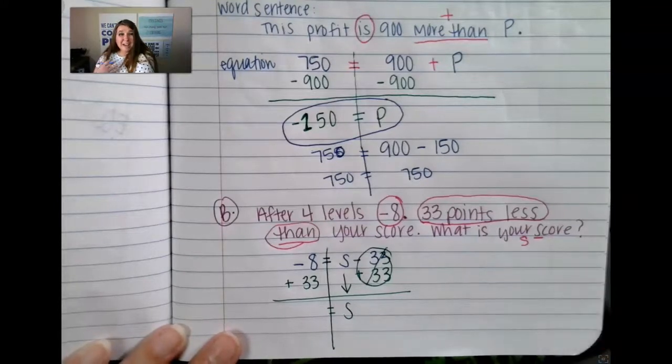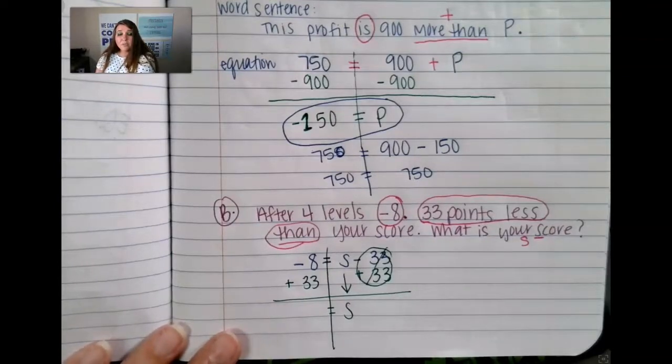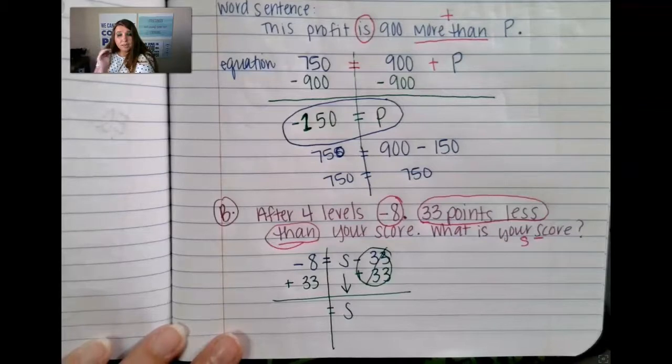Okay? Or if I had -$8 in the bank, and then I add on $33 or deposit $33, that's what I'm left with. So if I had -$8 and I deposit 33, then my bank account is going to be in the positives because I've deposited enough to cancel out the -8, plus I have some left over.